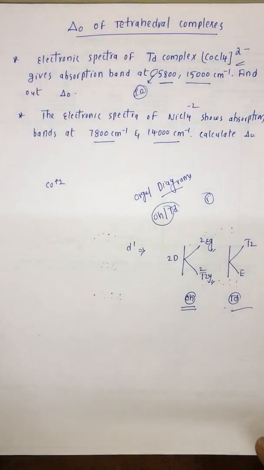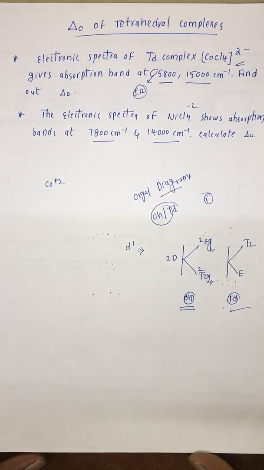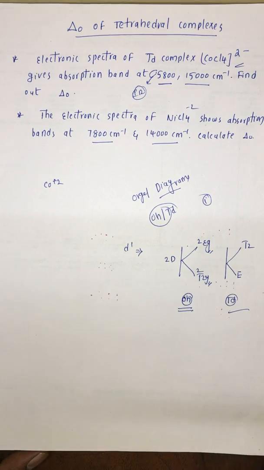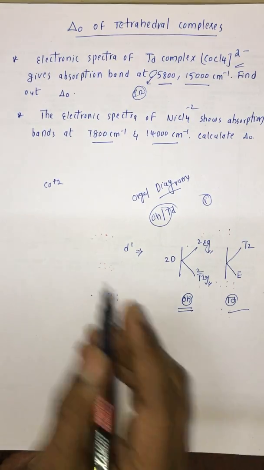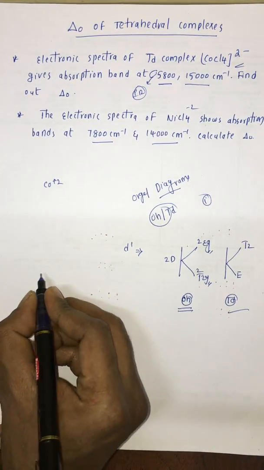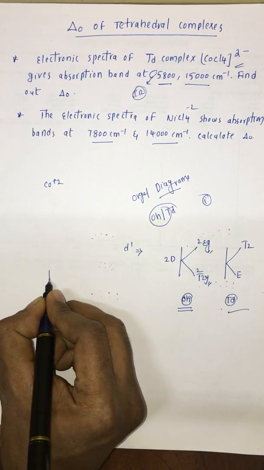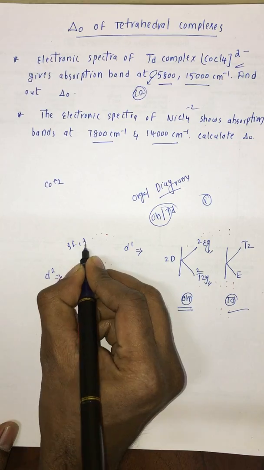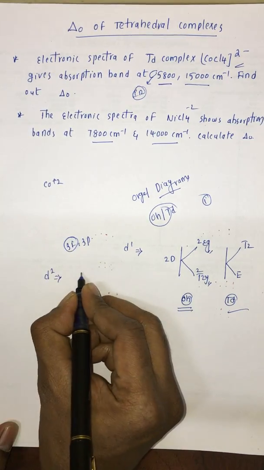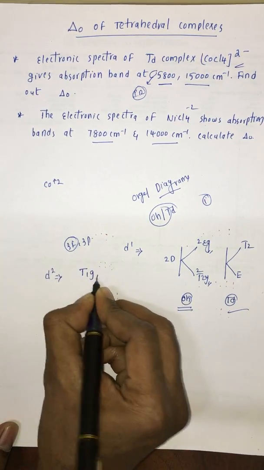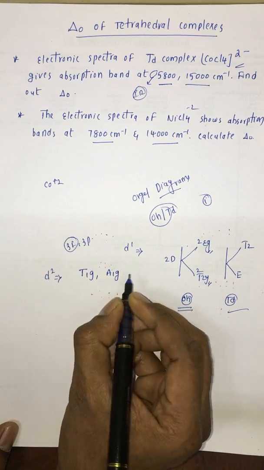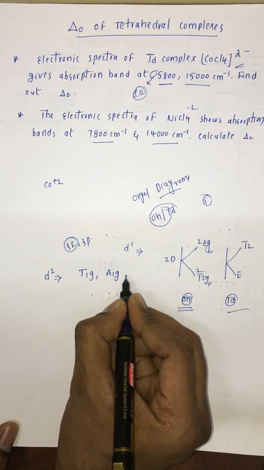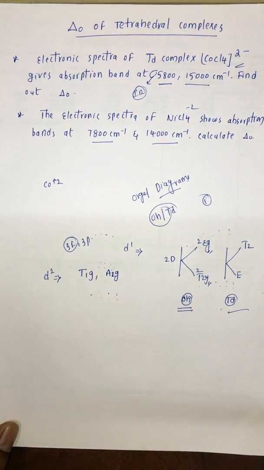I have to just identify the ground term, and to identify the ground term I have a small trick. Just take d2. So d2 involves 3F and 3P. There is a confusion whether T1g or A2g is the ground state.